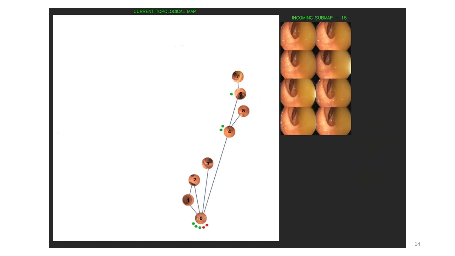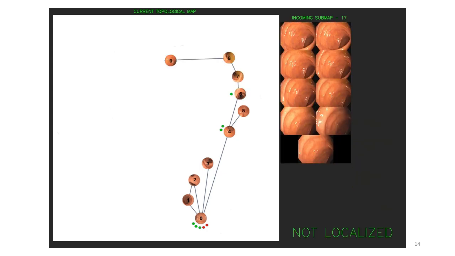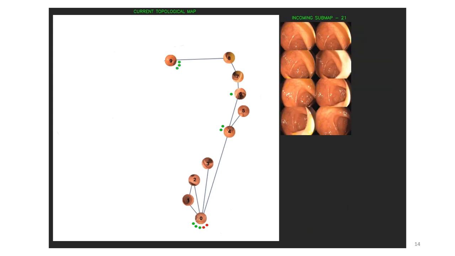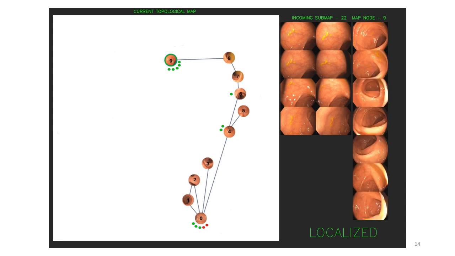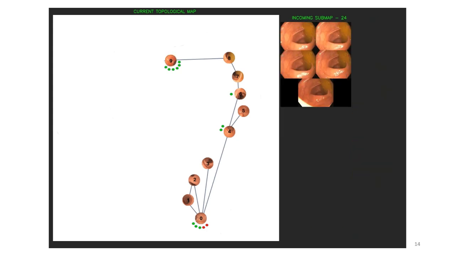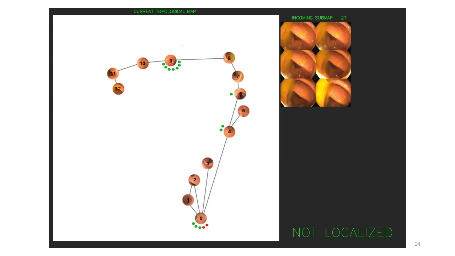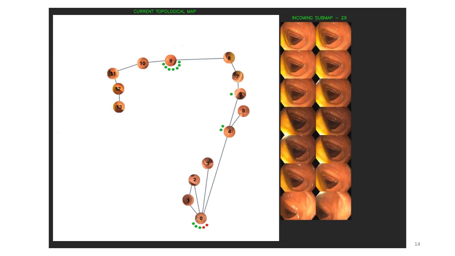And we can see that it's quite precise. In the video, the green bullets represent correctly merged submaps, while the red ones represent wrongly merged submaps, showing that our system is quite precise in the visual recognition task.